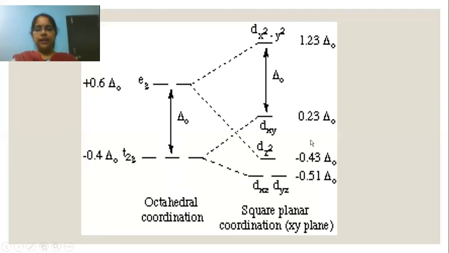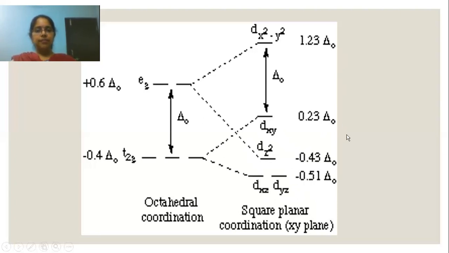So this is the energy of different orbitals in a square planar complex. dyz and dzx possess minus 0.51 delta units. dz square has the energy of minus 0.43. dxy has the energy of 0.23, whereas dx square minus y square possesses the energy of 1.23 delta units. The negative sign in any complex indicates a decrease in energy.